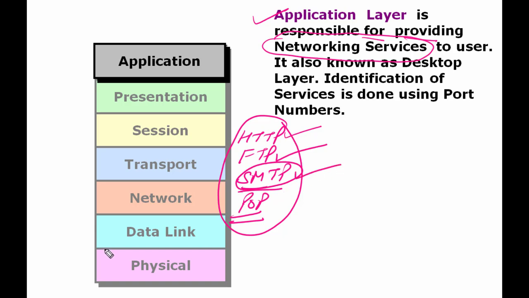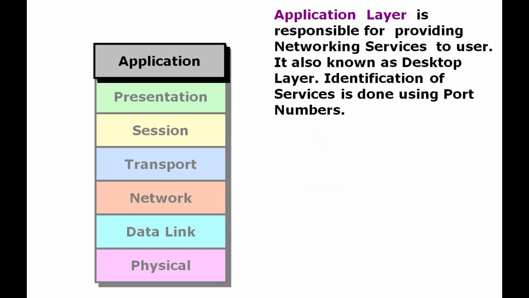If you want to send an email to your friends, SMTP helps you send that mail to the mail server, and the POP3 and IMAP protocols are used to download that mail from the mail server. All these protocols are known as networking services, and these networking services are provided by the application layer.